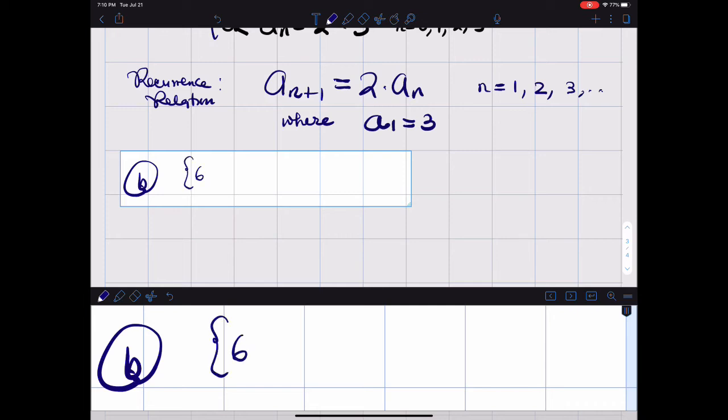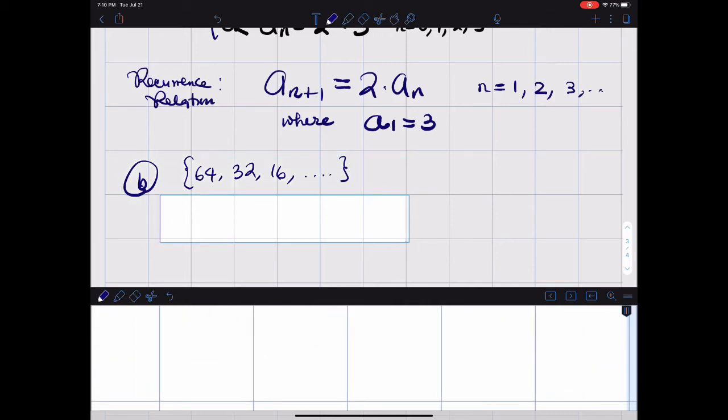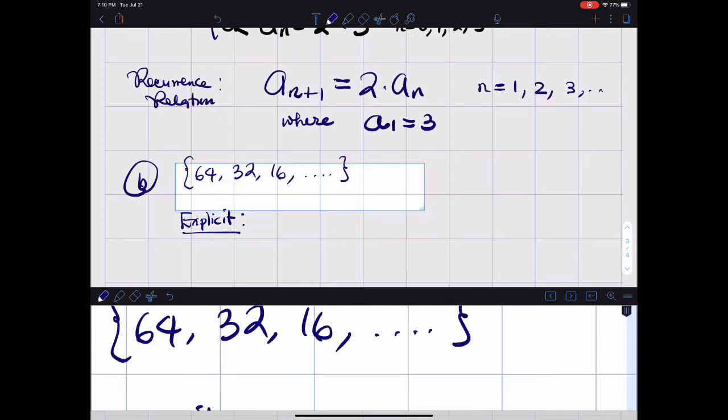How about 64, 32, 16, and so forth? Let's only do an explicit formula here. You have A1. A2 is 1/2 A1.